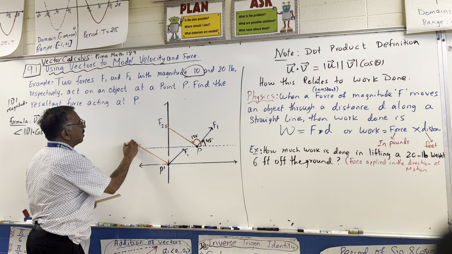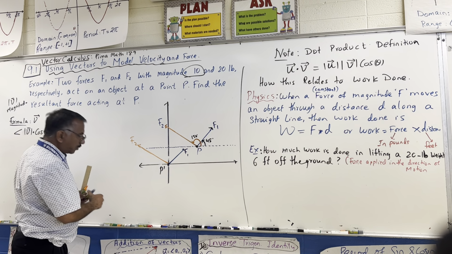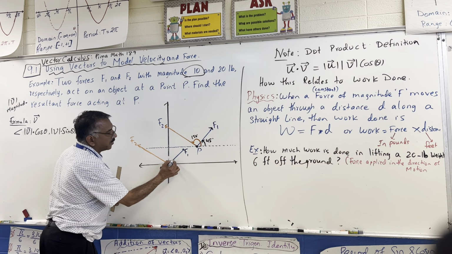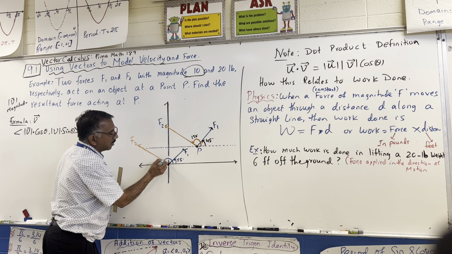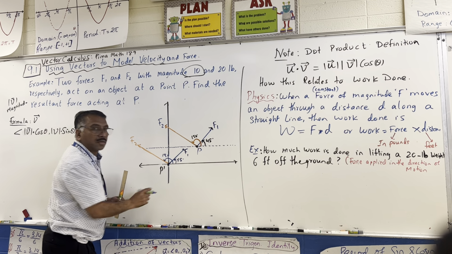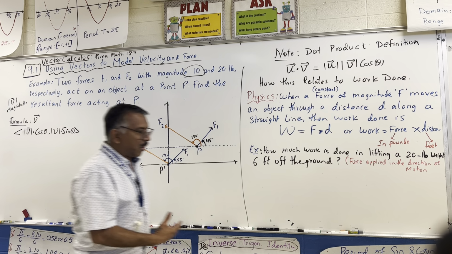Okay, so that is F2. My question to you is right now we already have this as 45, agree? And the other one is how much? 150. Is that okay?